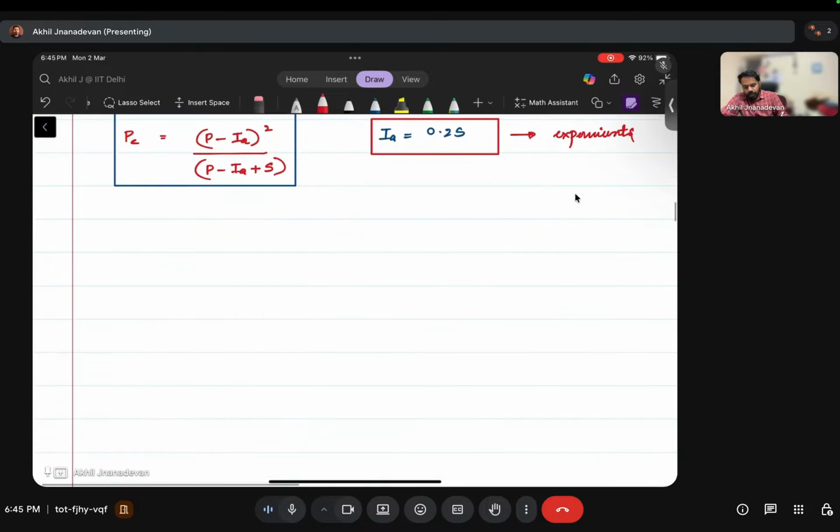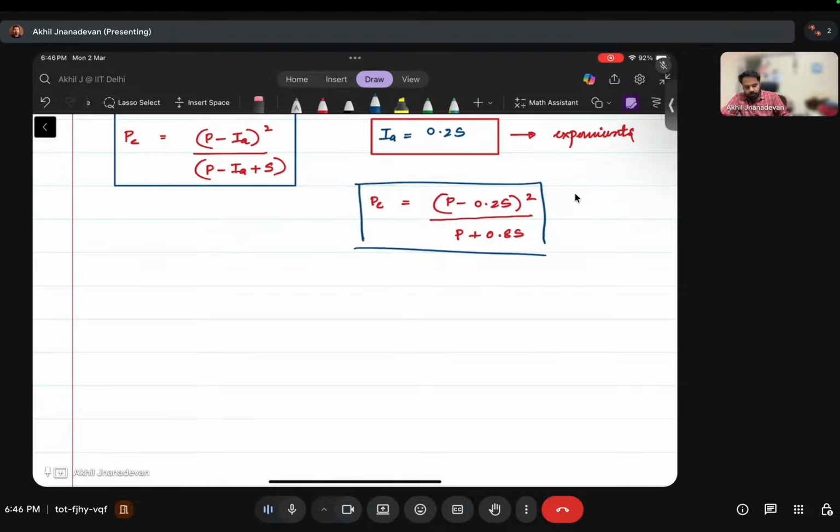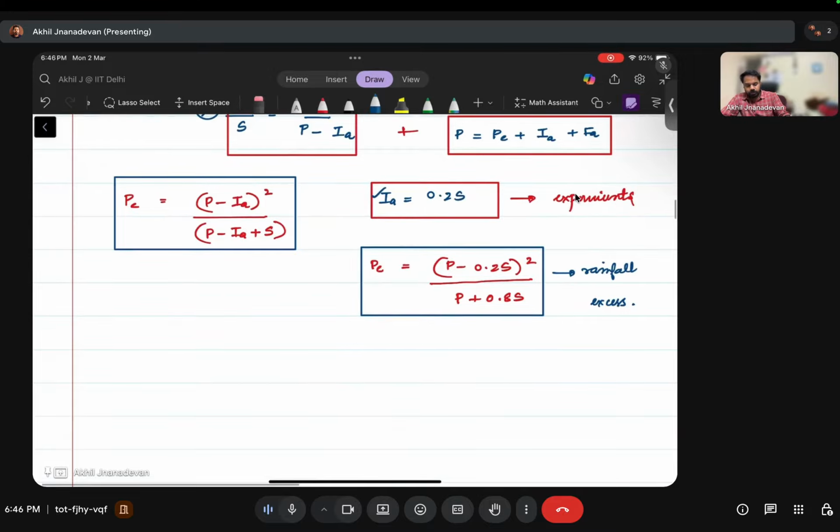And finally, we have the relation for PE as P minus 0.2 S, the whole square, divided by P plus 0.8 S. This is the relation for rainfall excess using the SCS method. Basically, we have incorporated infiltration and initial abstraction, and we have come out with an expression for rainfall excess.